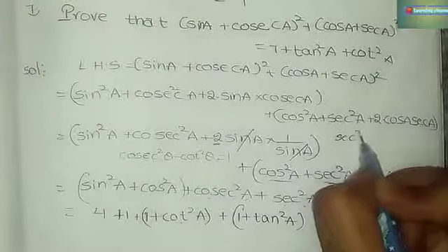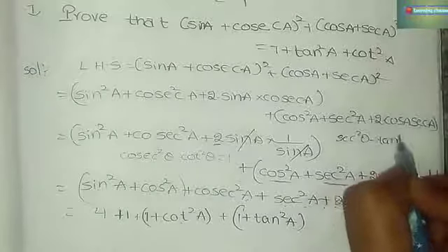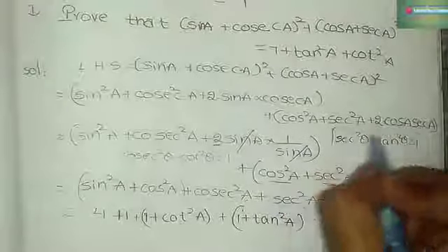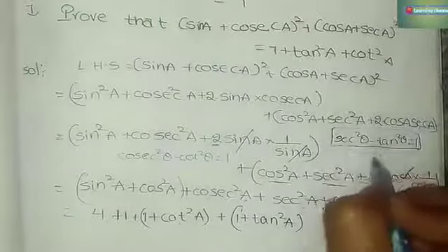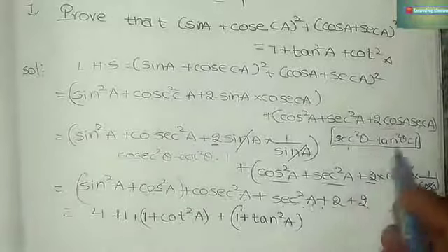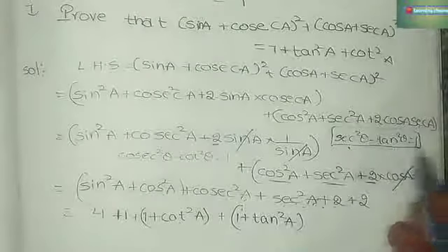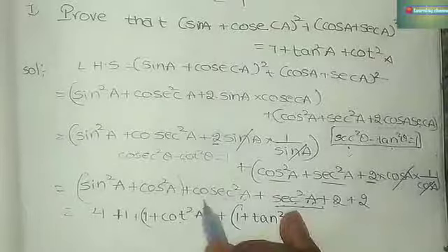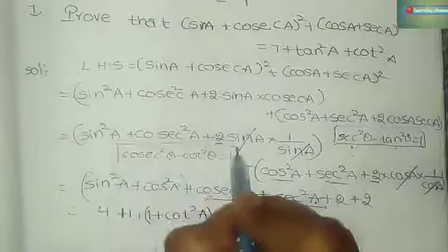And from second and third identity, we can write the cosecant square a as 1 plus cot square A. What is second trigonometry identity? That is cosecant square theta minus cot square theta is equal to 1.